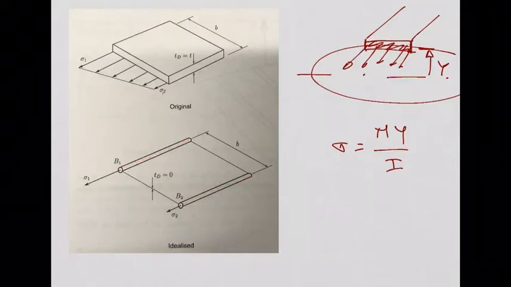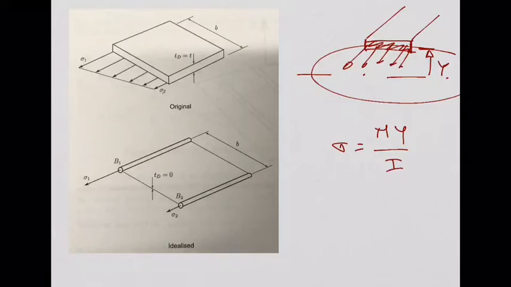I'm going to assume as well that at boom 1, I will have installed this stress sigma 1. And in boom 2, I will have installed this stress sigma 2. Right? Okay, so I'm going to find the area of these booms from this model that you see there.